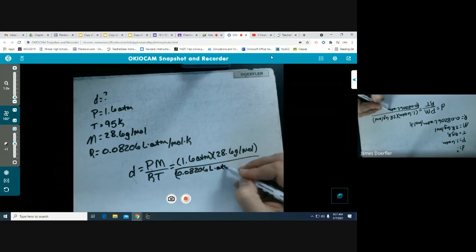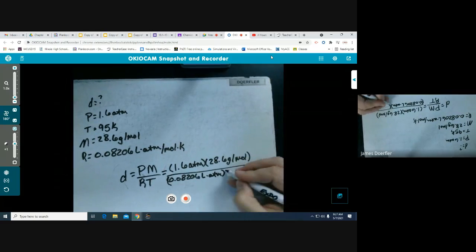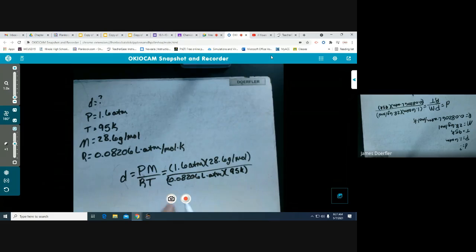liters times atmosphere. You notice I'm going to hold off on putting the moles per Kelvin on here. We're going to talk about that. It's going to be kind of a reminder. And then times our temperature of 95 Kelvin. Now, going back to the R value, again, R is liters times atmospheres over moles times Kelvin. But in its position right here, putting the moles times Kelvin underneath the R value is going to give us a denominator in a denominator. We don't want to have that.